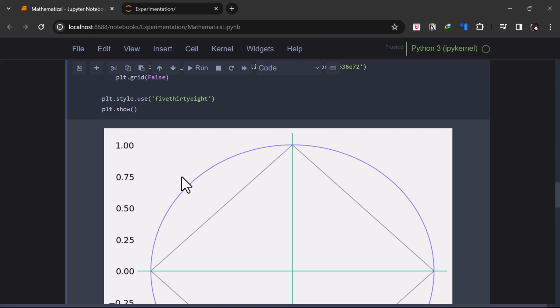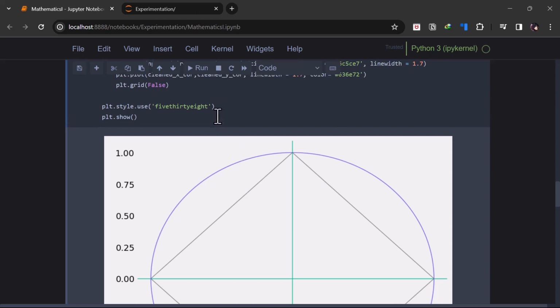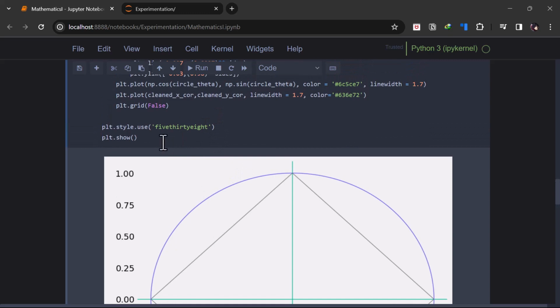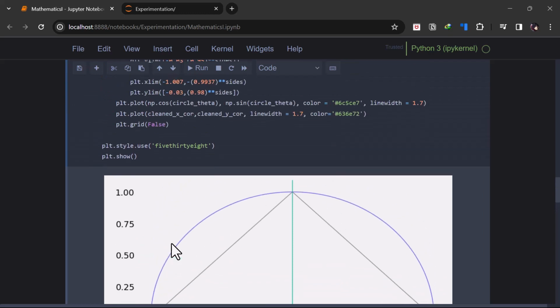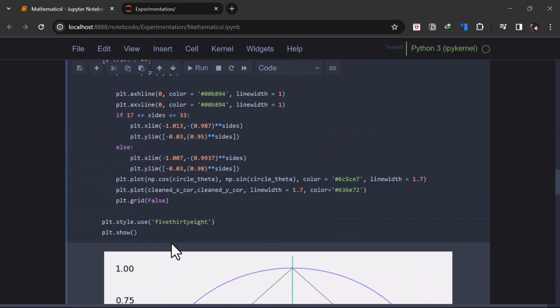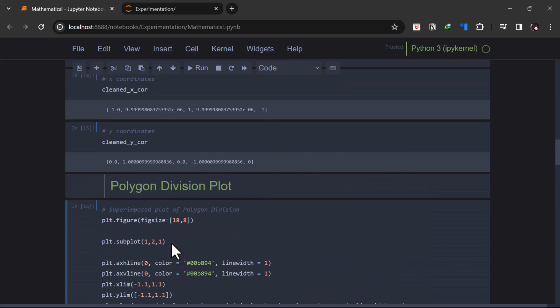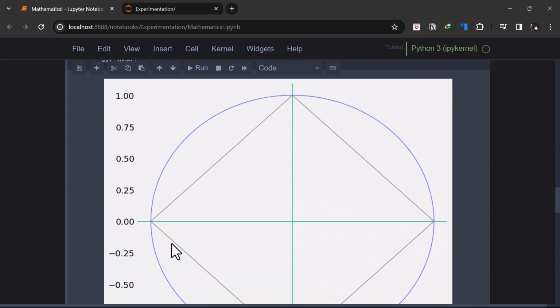I used this simulation to show you that as you increase the number of sides, the polygon starts to become a circle. So you can say that a circle is nothing but a polygon of infinite sides. You may define a circle like that, because as the sides of the polygon increase, it starts to become the circle itself.